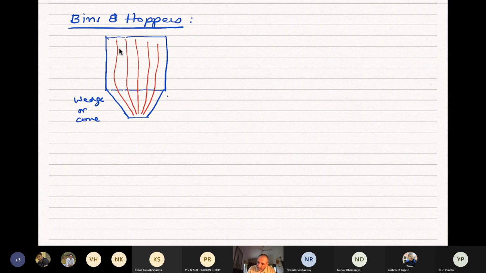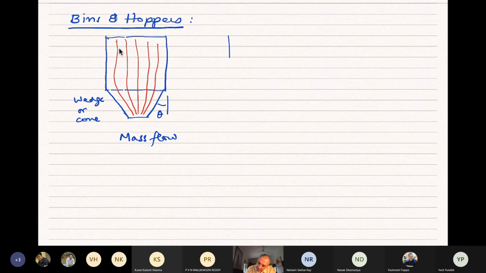This is called mass flow, and usually it depends on the flow properties of the material and also on the angle. So this angle should be large enough that there is no stagnant zone formed.